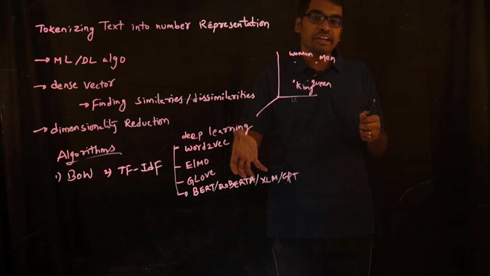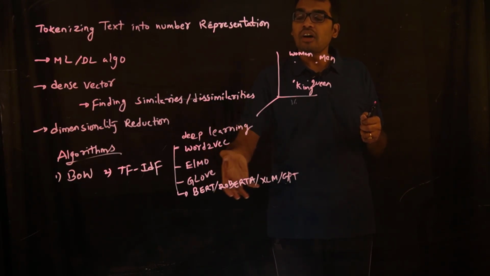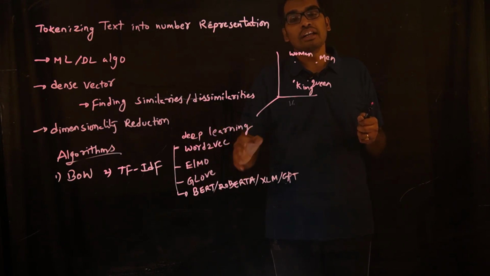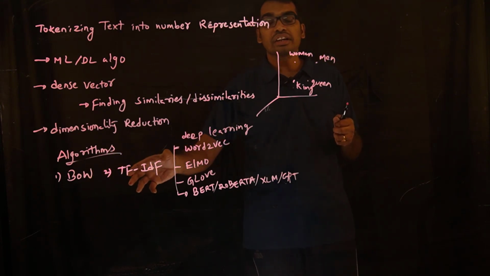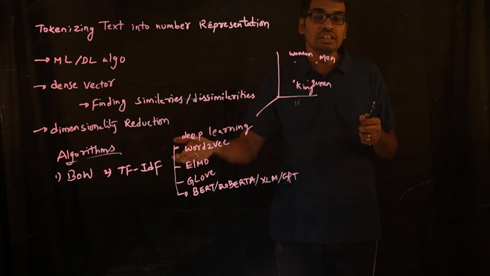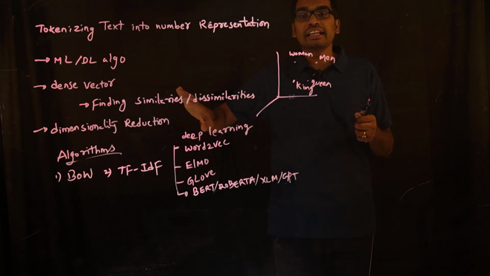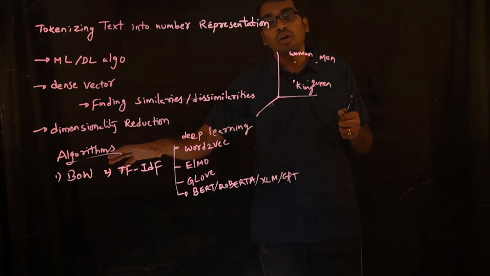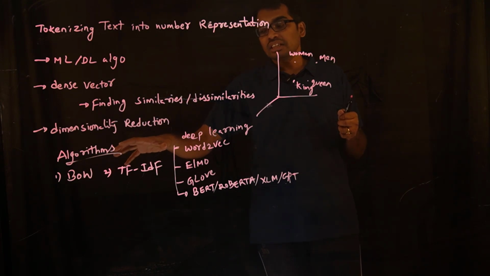When you have infrastructure like RAM and GPUs, of course you are free to experiment with them. If you do not have a lot of GPUs or memory, you can always go to bag of words or TF-IDF. I won't say those are outdated algorithms; they are still used in the industry, and they are also popular across interviews.